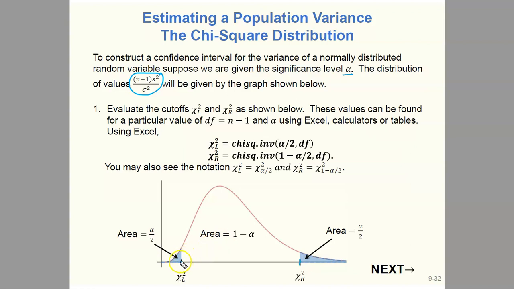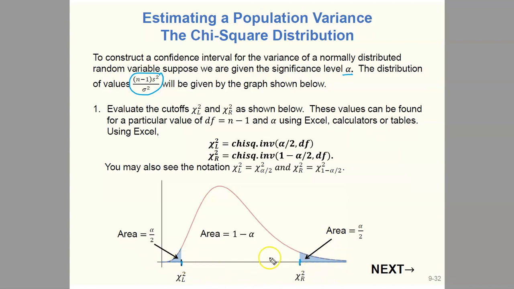Now what we want is the area to the left of this number under the chi-square graph to be alpha over 2, and we want this area over here to also be alpha over 2. That's the area to the right of our chi-square right cutoff.